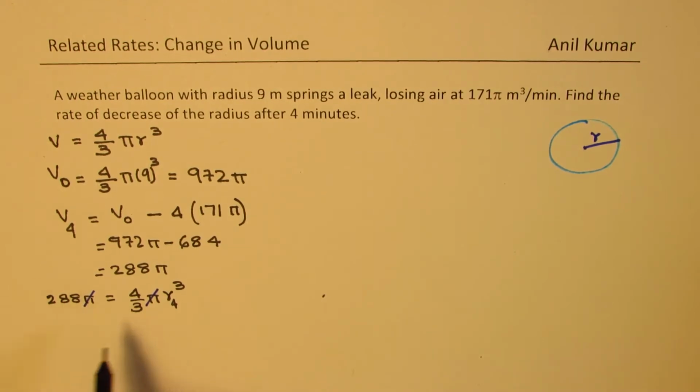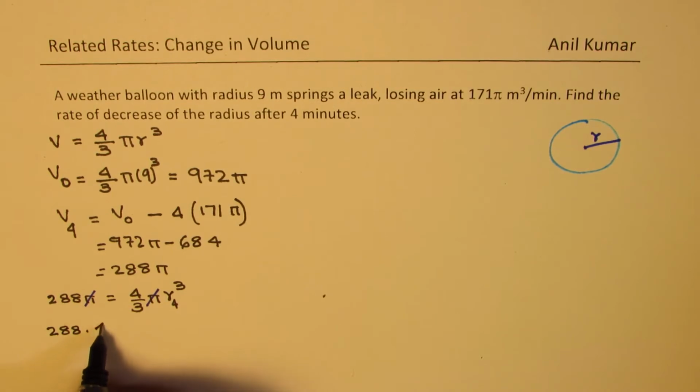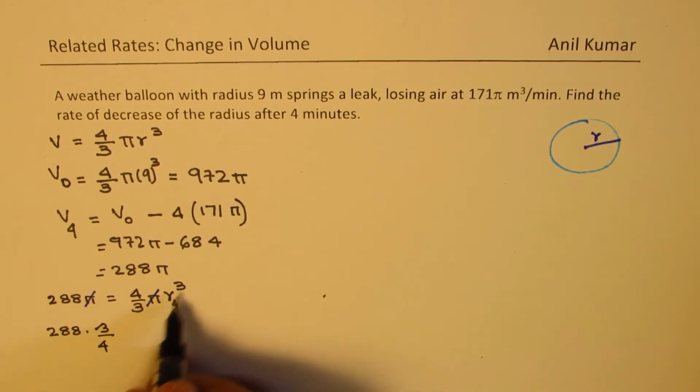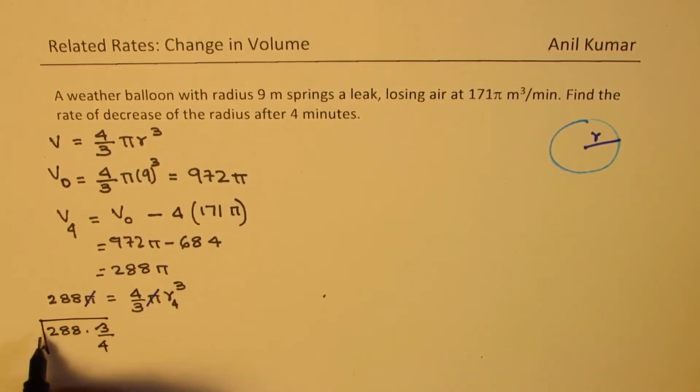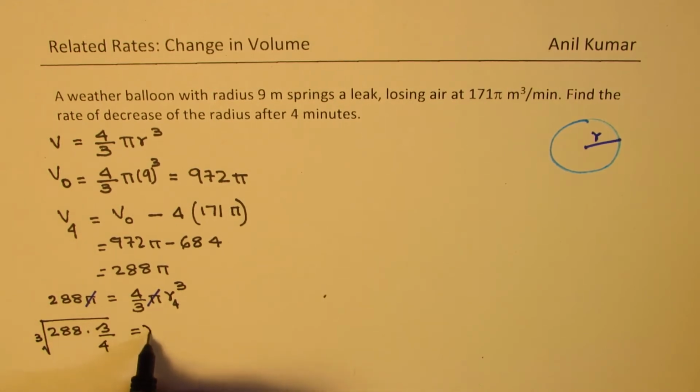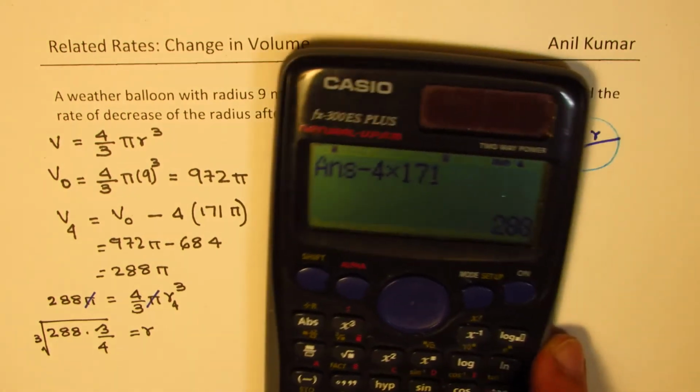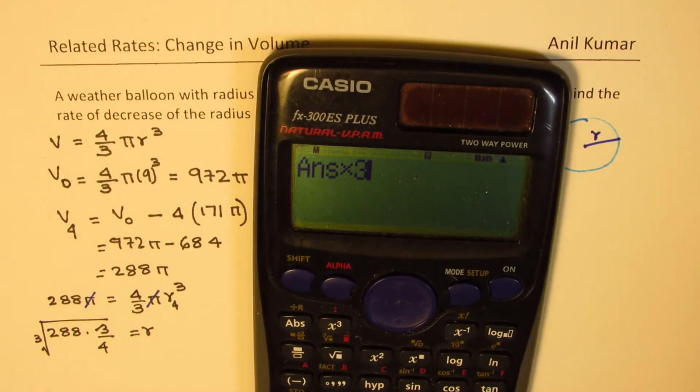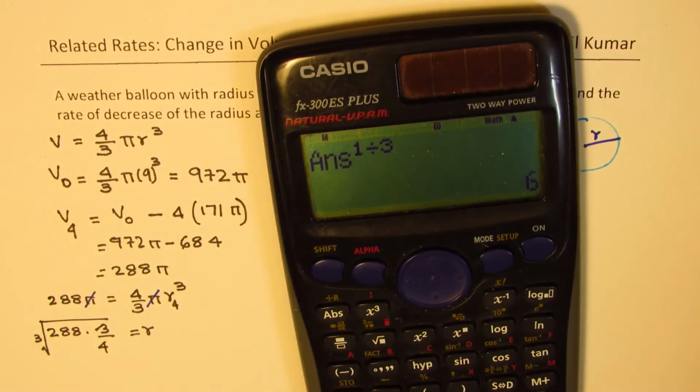We can cross multiply, so we get 288 times 3 by 4 and then cube root to get the value of r, correct? So we multiply 288 by 3, divide by 4, and whatever we get, we take the cube root, that is the power 1 divided by 3, right? And this is 6 for us. So we get this r value as 6.